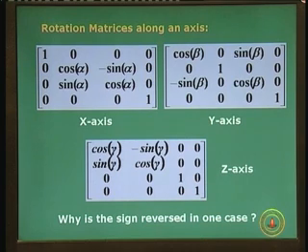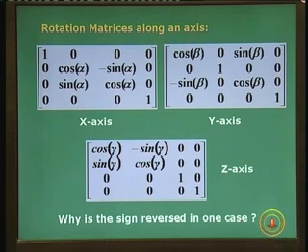If you compare the position of the negative sign of the angle of rotation, I am talking of the relative position with respect to the cos alpha, sin alpha terms. Just consider the cos and sin terms, and do not worry about the zeros and ones in the corresponding matrices. If you see the matrix form for rotation about the x axis, and the corresponding one with respect to the z axis, they are almost similar except for the position depending upon the axis, but the negative sign is the same, that is on the top right, sign of whatever angle.